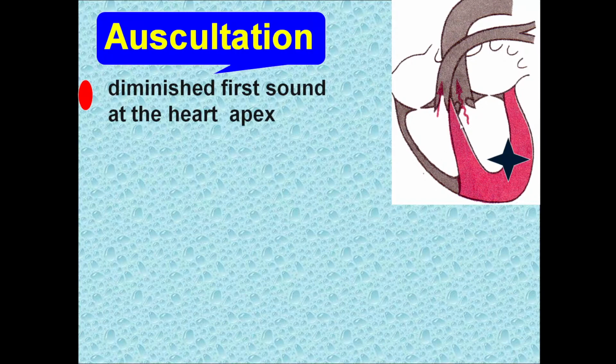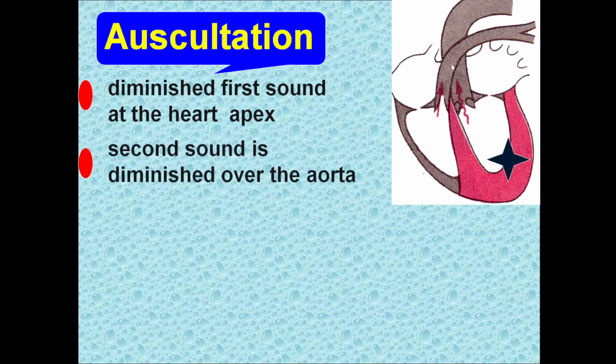And when we auscultate heart apex, we reveal diminished first sound due to decreased muscular component because of hypertrophied left ventricle. Second sound over aorta also diminishes because of decreased heart stroke and systolic blood pressure.